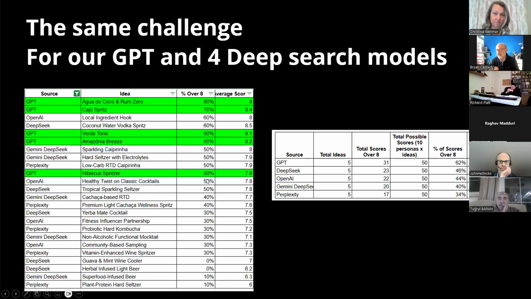So, ladies and gentlemen, where did our GPT score? We had the number 1, the number 2, the number 4, the number 5, and the number 9 spot. We beat them all. But the reason why we beat them, does everybody understand what we're looking at here, by the way? No. Okay.